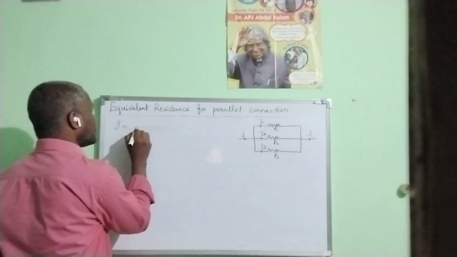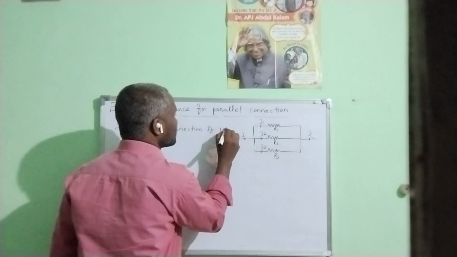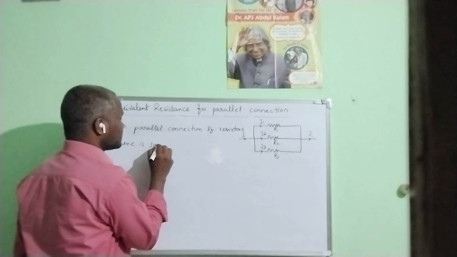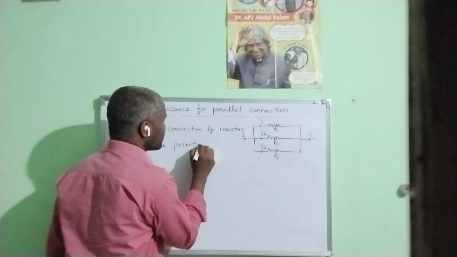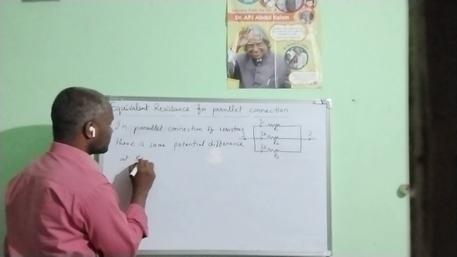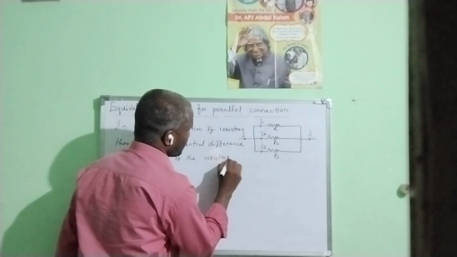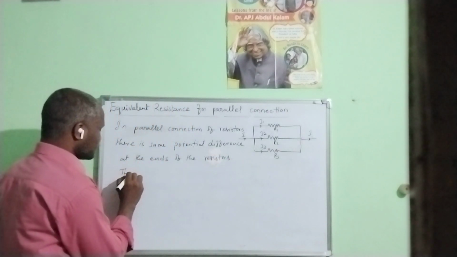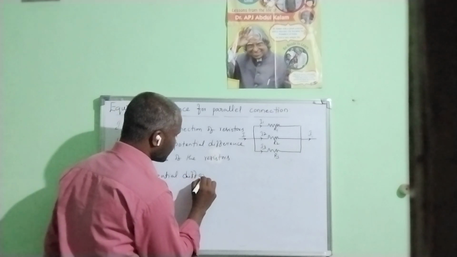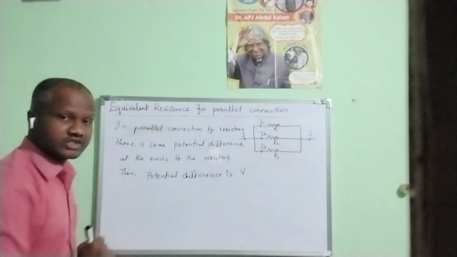Then the potential difference is taken as V for this parallel connection of resistors.